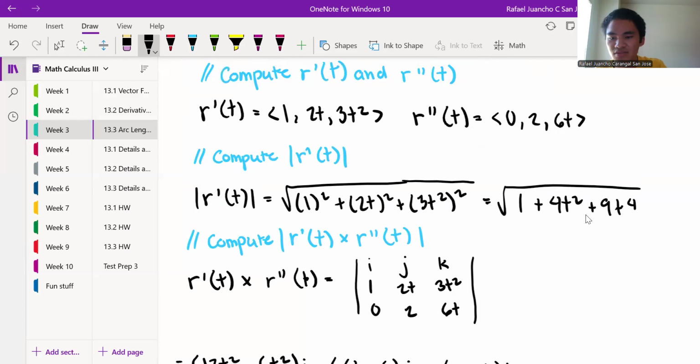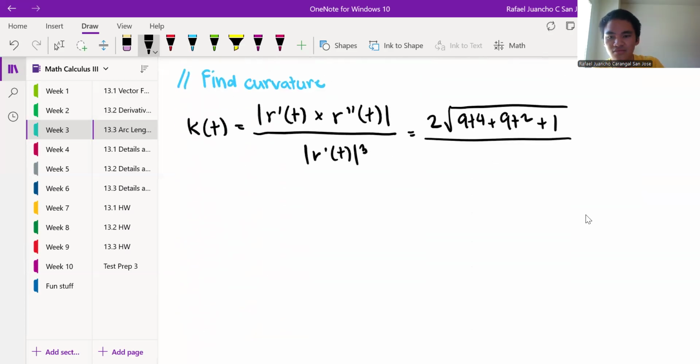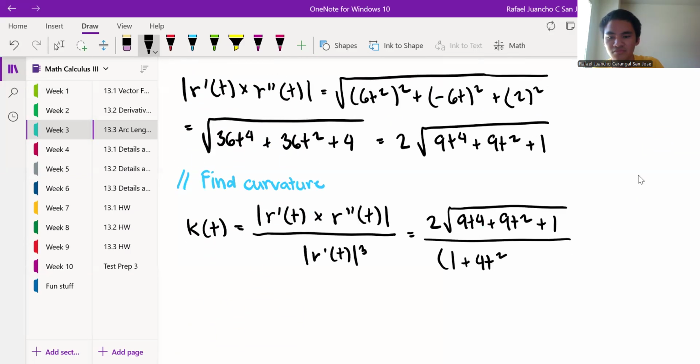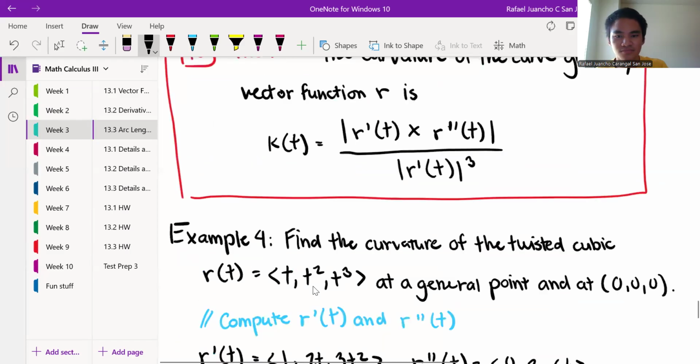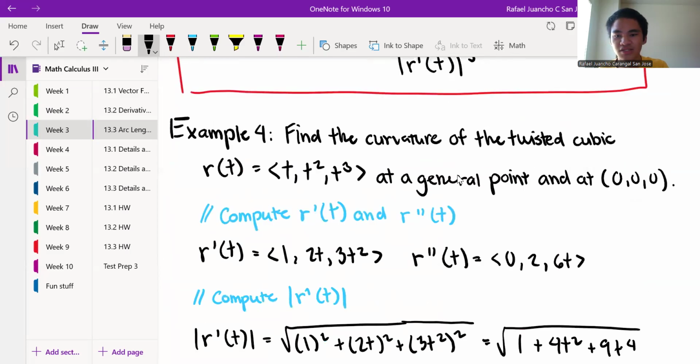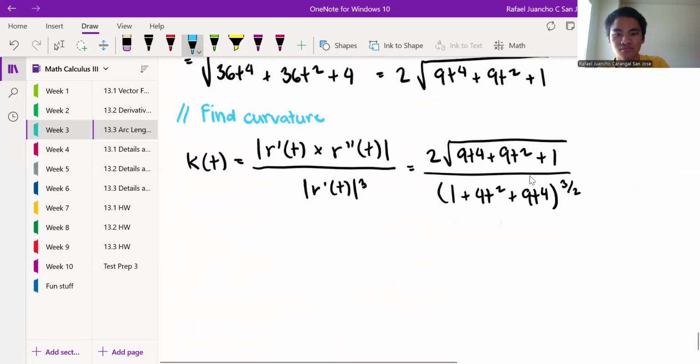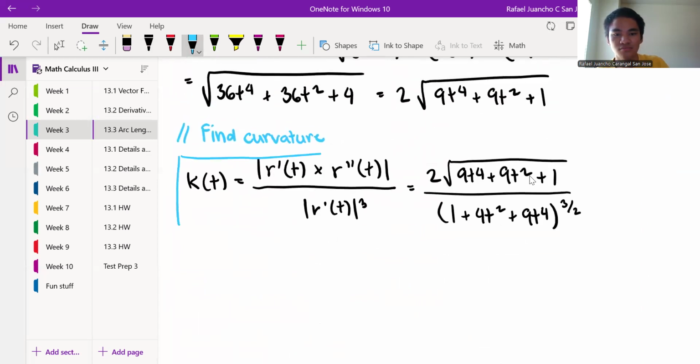Yeah. So this thing: 1 plus 4t squared plus 9t to the fourth, and I make that to the power of 3 over 2. And then that's it. I plug in any t, I get something. So what are we being asked? So that's a general point. That's one of them.